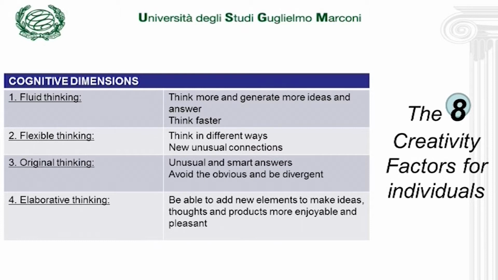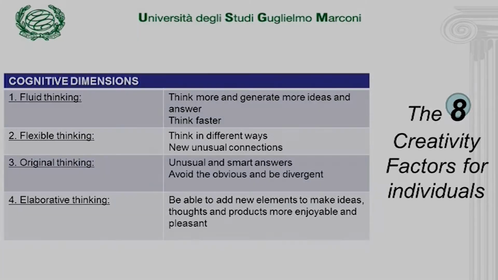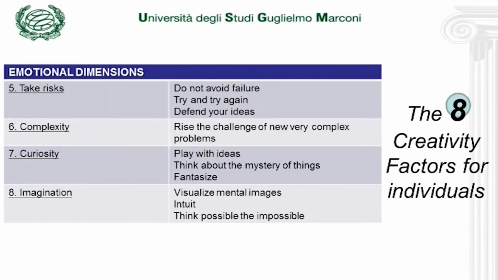Flexible thinking, thinking in a different way, using unusual connections. Original thinking, so unusual and smart answers to unusual questions sometimes. And elaborative thinking, starting from an idea and transforming it, creating products and ideas that are more enjoyable and more pleasurable.